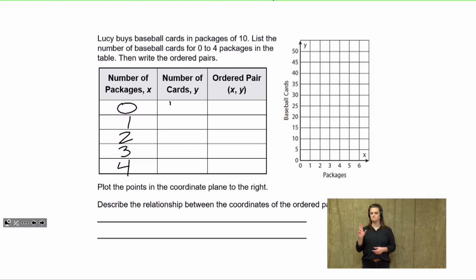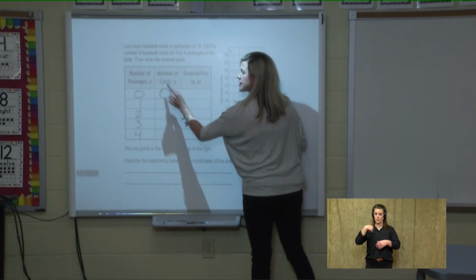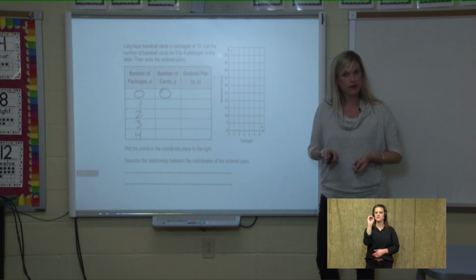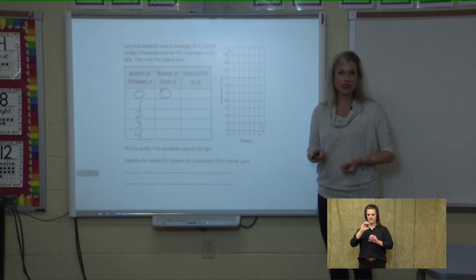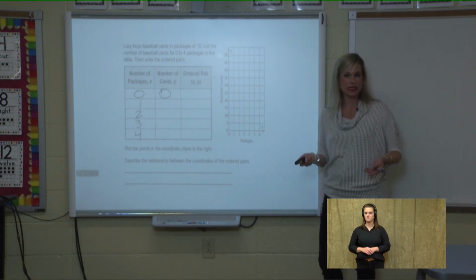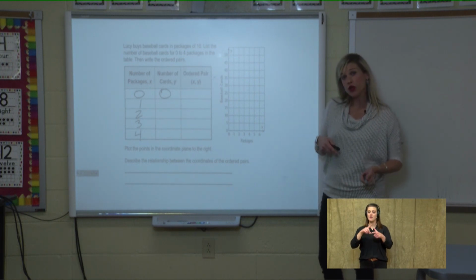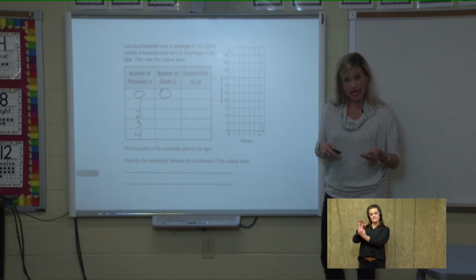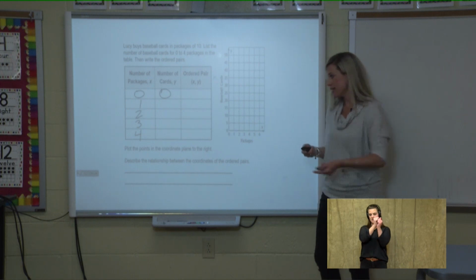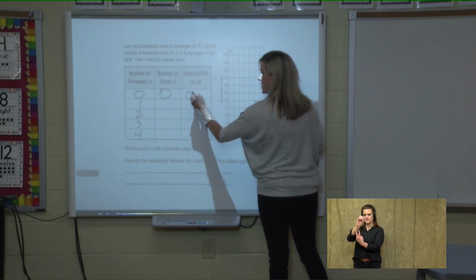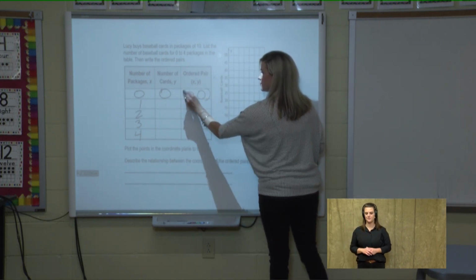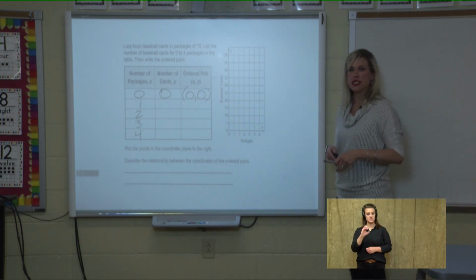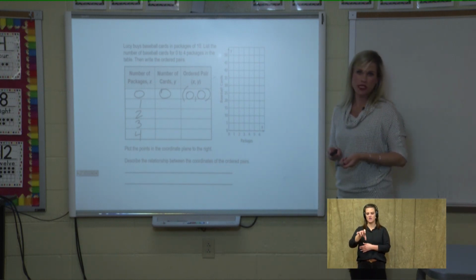No. So this right here, my Y, is going to be 0 because there's no packages, so there's no cards. And so that ordered pair for pattern A and pattern B is 0, 0. 0 packages and 0 cards.